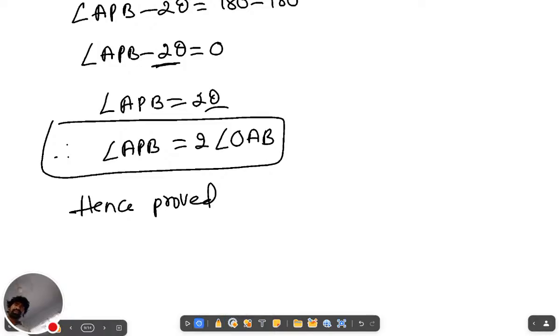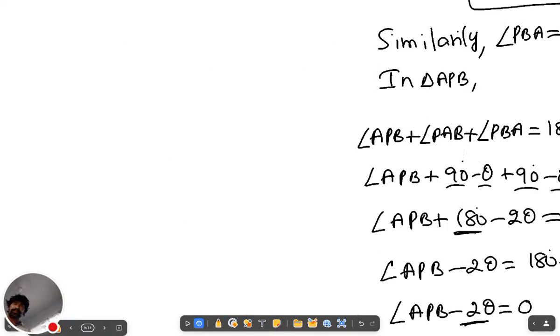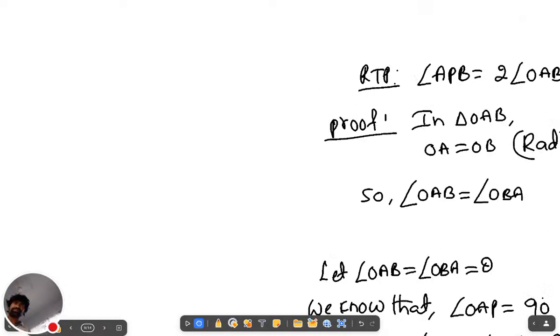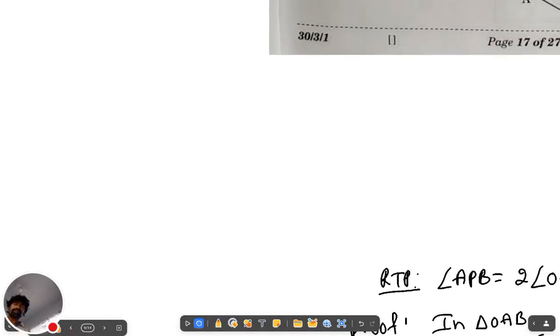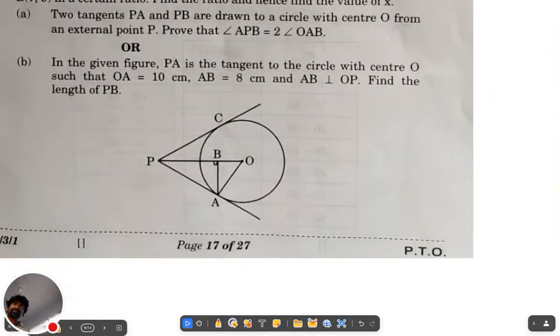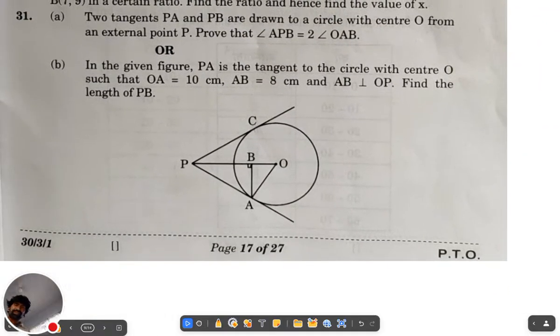Okay, let's see the next question. Yes. The 31st B question is: in the given figure, PA is the tangent to the circle with center O. OA is 10 centimeters, the radius is 10 centimeters.